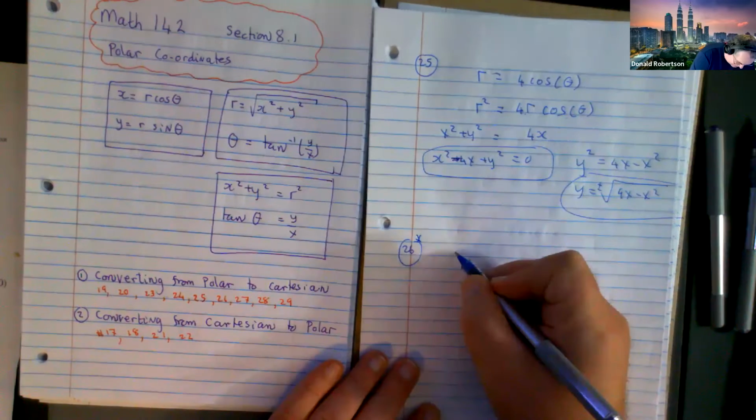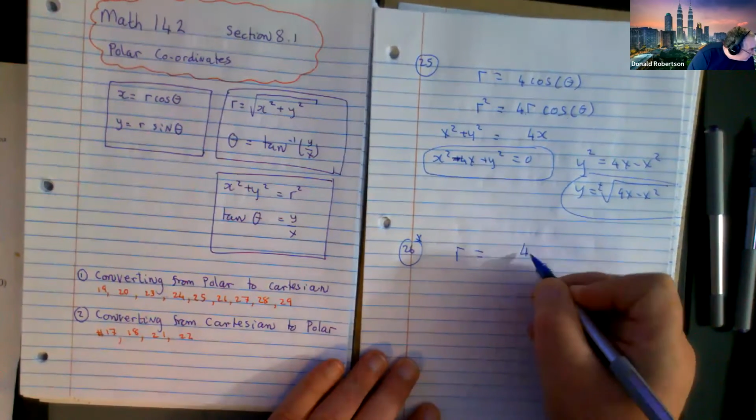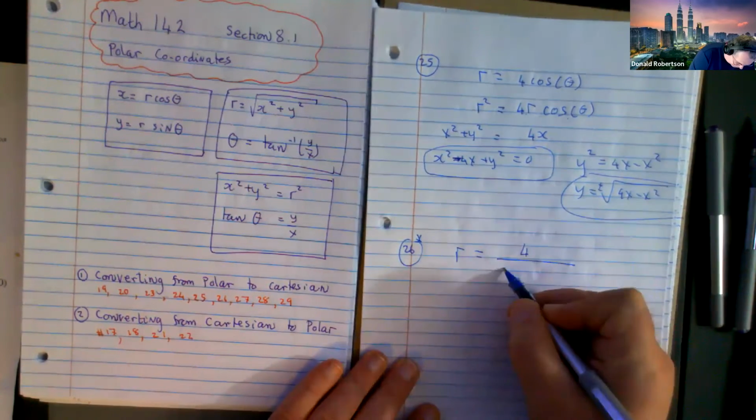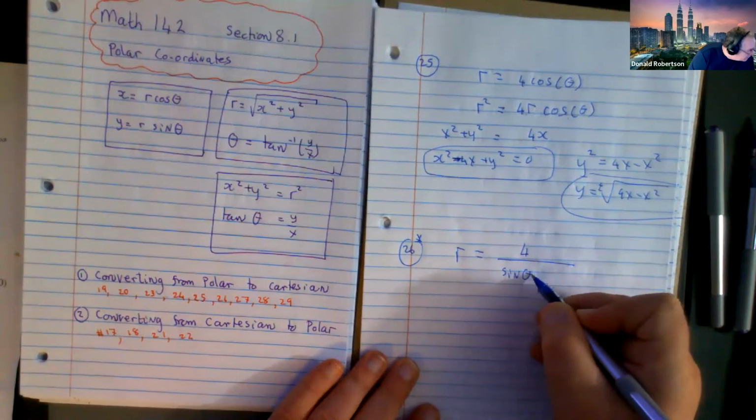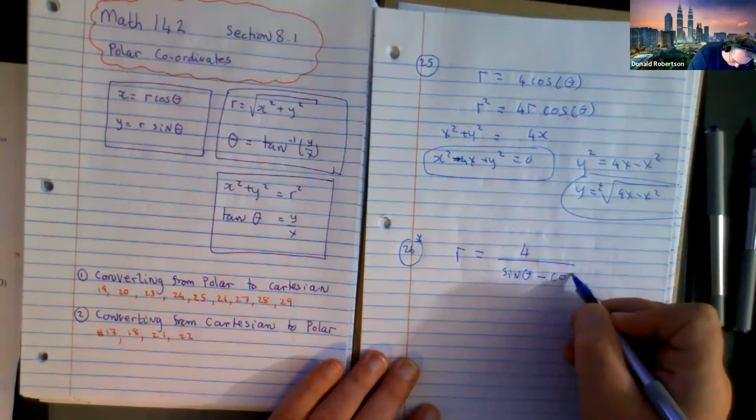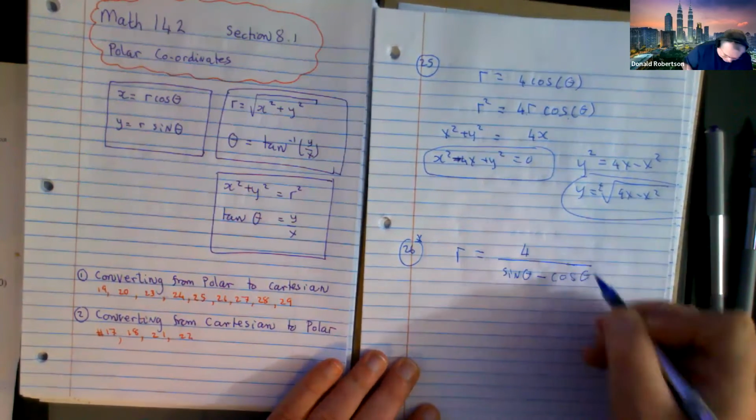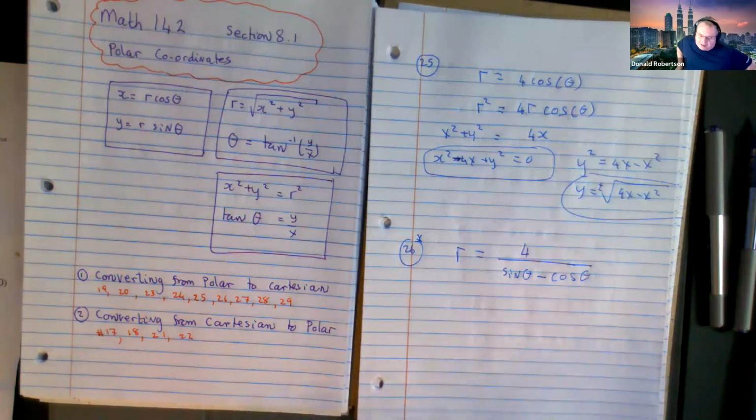Next one, r equals 4 over sine theta take away cosine theta. Okay, we're going to turn this into x's and y's. Any ideas what you could do? What would be my next line of work?